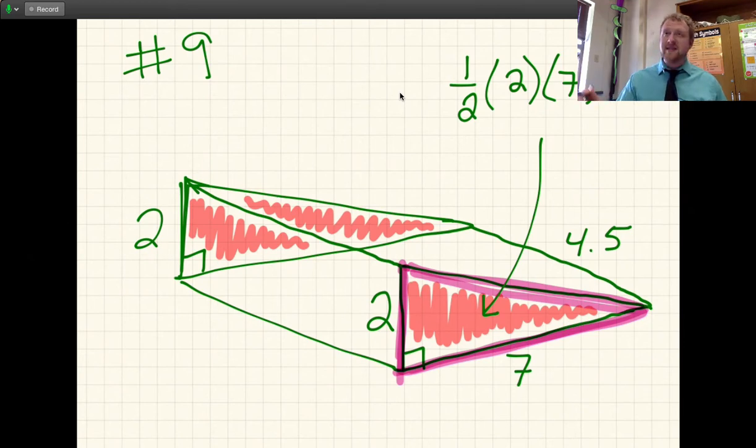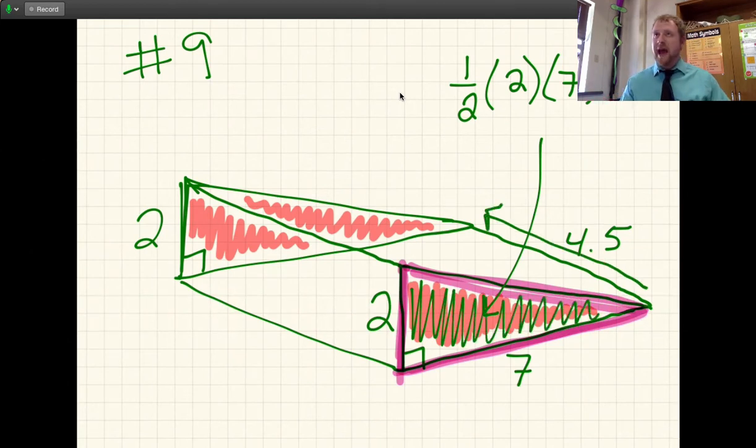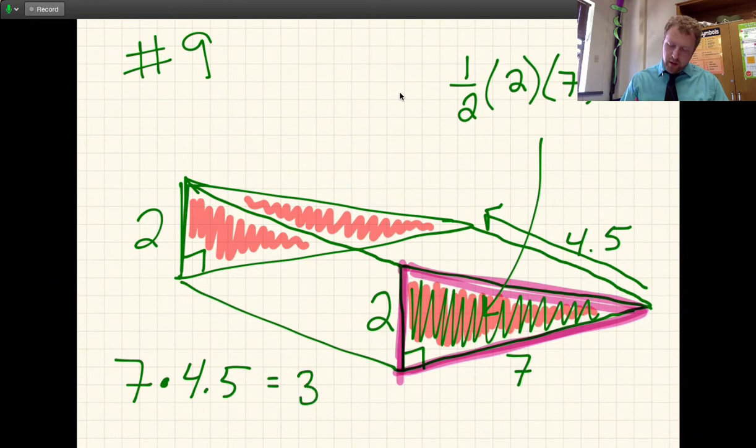So we are going to take that 7, which is the area of this base, and we are going to say that it's like going this distance 4.5. So 7 times 4.5 gives us what as an overall volume? 31.5. And Jacob, what are the units? Squared or cubed? Cubed.